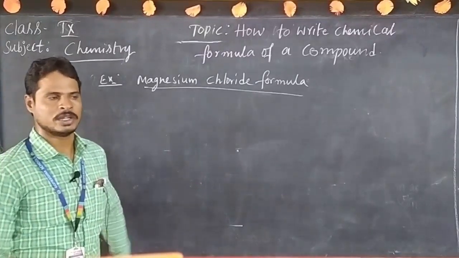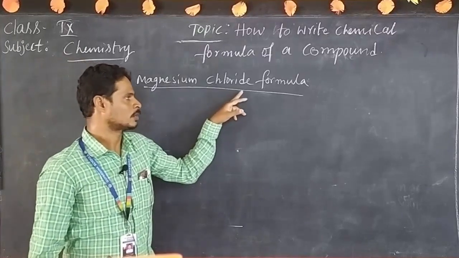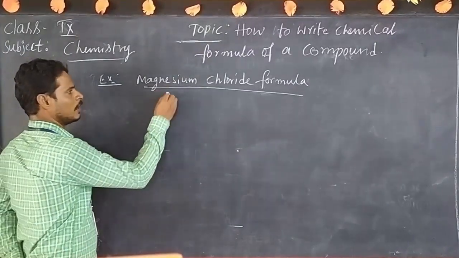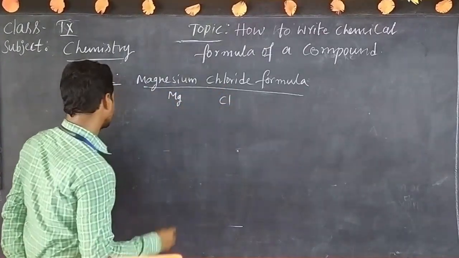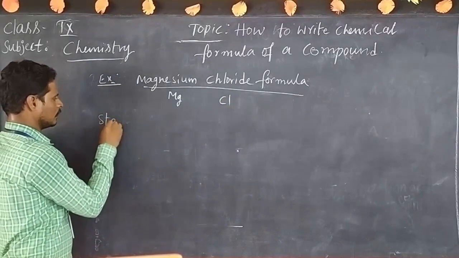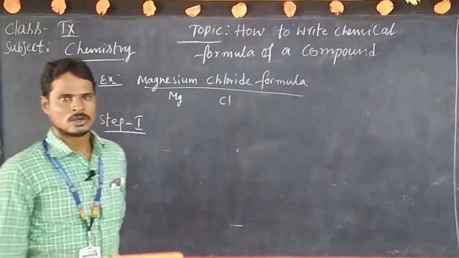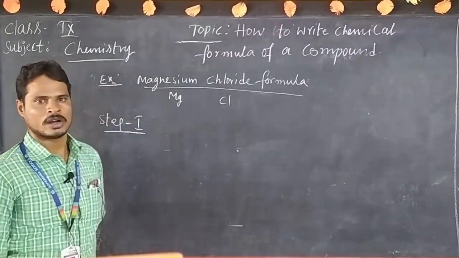How do you identify? We know that on the left side we always write cation, and on the right side we always write anion. So here magnesium, what is the symbol of magnesium? Mg. What is the symbol of chloride? Cl. So here step 1: write the symbol of cation and anion.